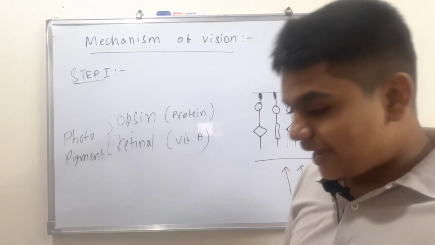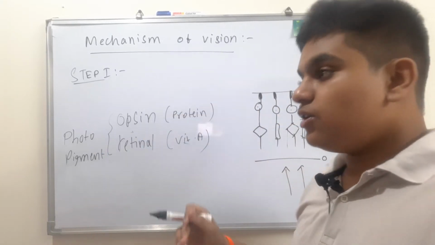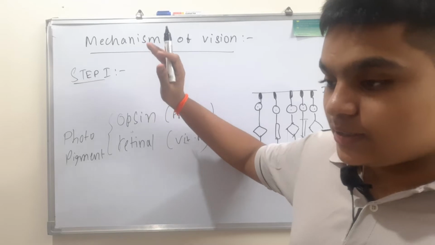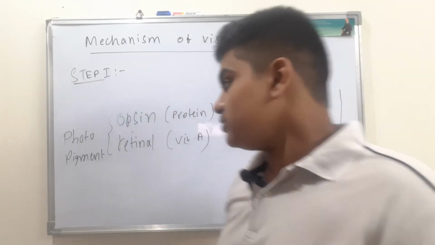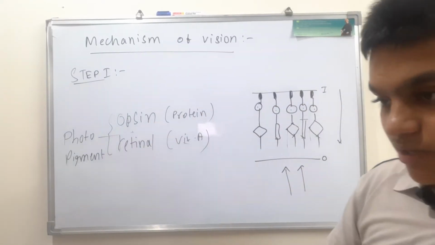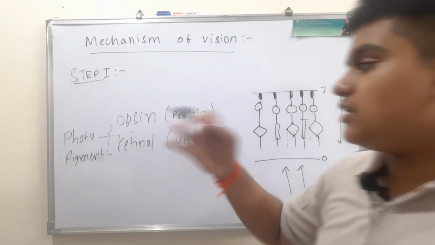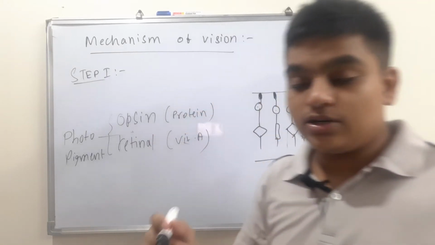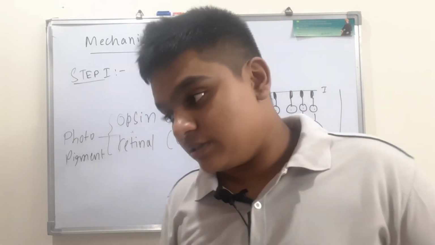Now opsin and retinal are both separated. That is your second step. Light induces disassociation of retinal from opsin.